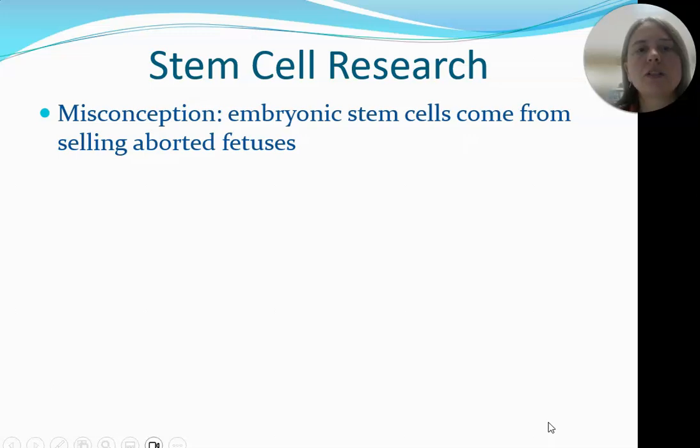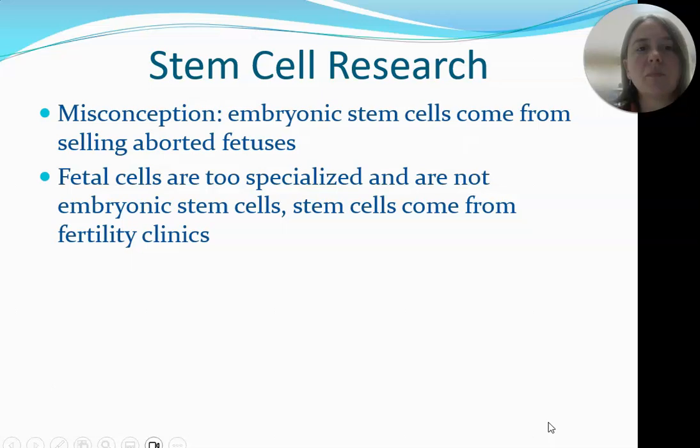So let's talk about some misconceptions. A common misconception is that embryonic stem cells come from selling aborted fetuses. Well, there's a couple of things that are wrong with this misconception. As we know, fetuses do not have totipotent stem cells. They only have multipotent stem cells, so their cells are too specialized to be good for research. And also, you can't sell fetuses. The stem cells can come from donating.